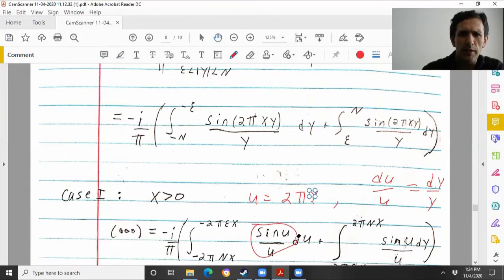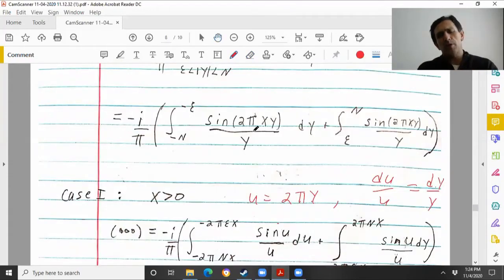Just find du, divide by u, you get dy over y. So when y is minus n, u is minus 2 pi nx. When y is minus epsilon, u is minus 2 pi epsilon x.